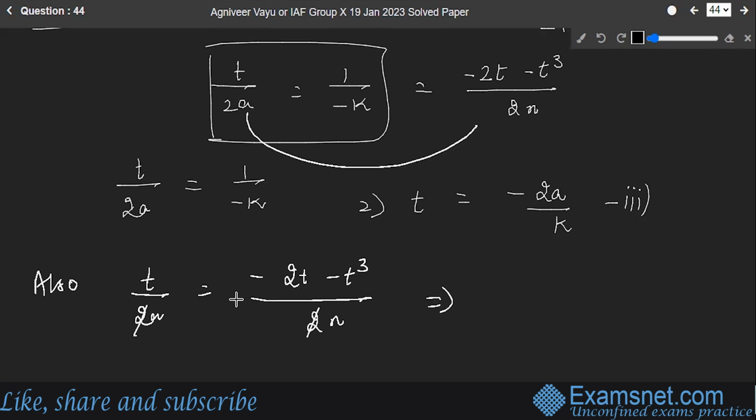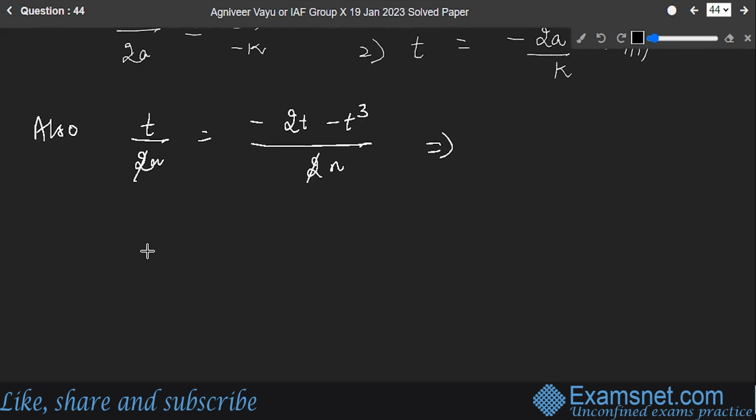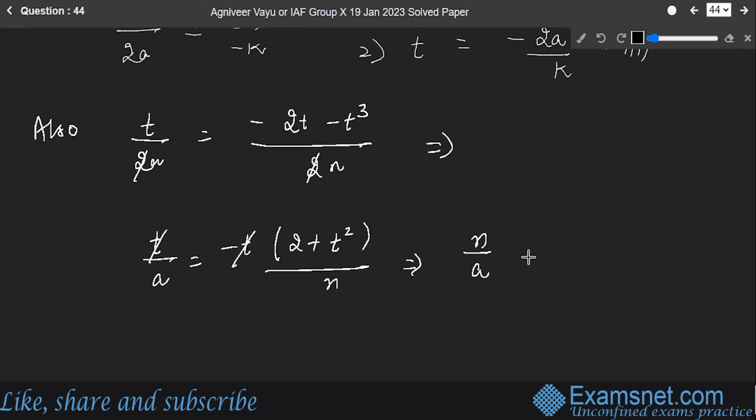The 2 and 2 will cancel, and t will be taken common from the right. So t upon a is equal to -t(2 + t^2) divided by h. The t and t will cancel over here, and you will have h upon a is equal to -2 - t^2, or h upon a plus 2 is equal to -t^2.